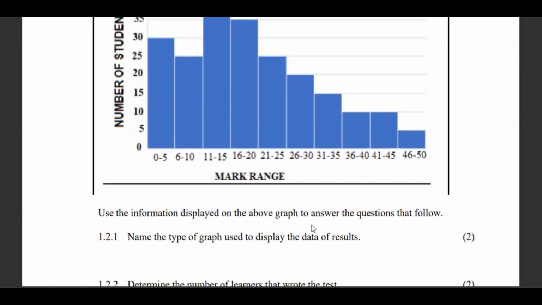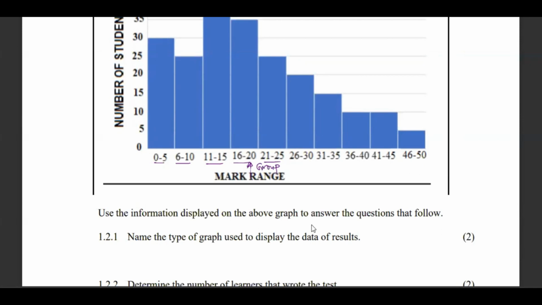So what we're going to do, first and foremost, look down here. These are groups, classes, in other words.